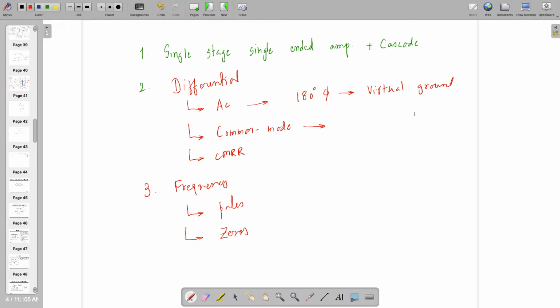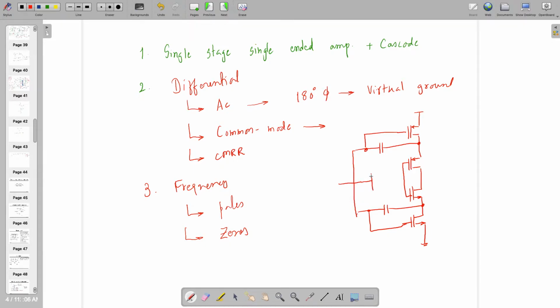Maybe I can ask you about the design that Saurabh is designing. So this is Vin, this is Vout.